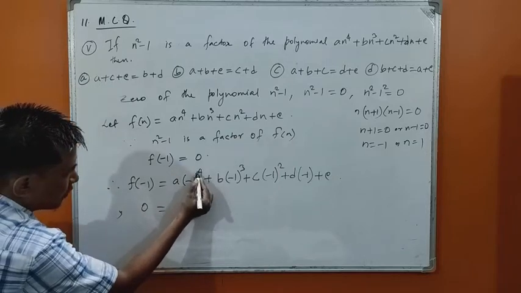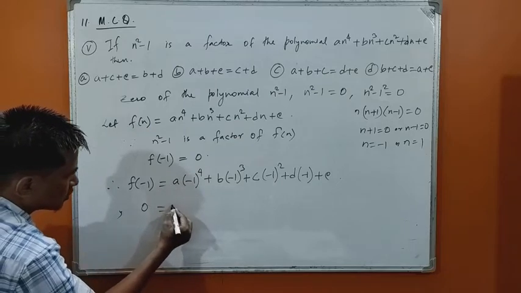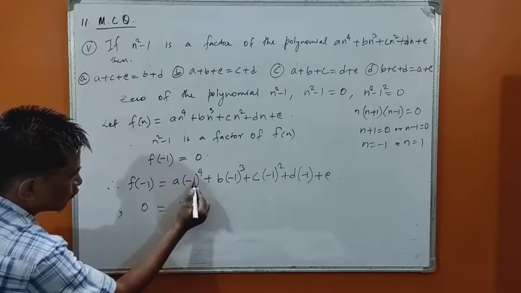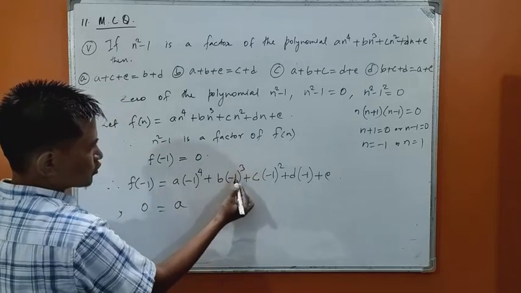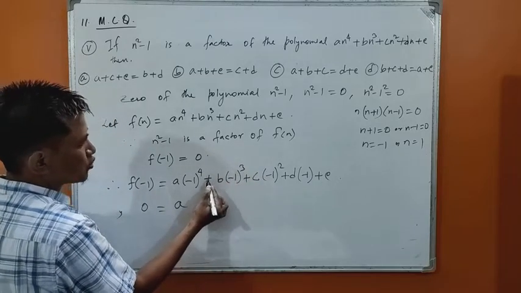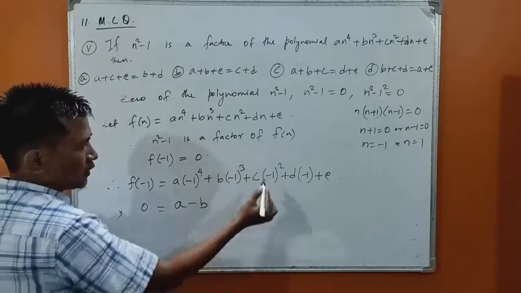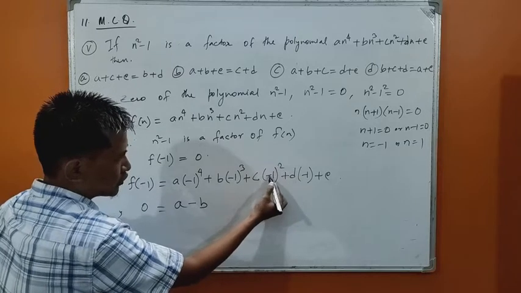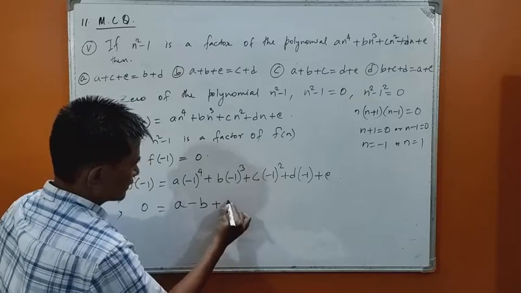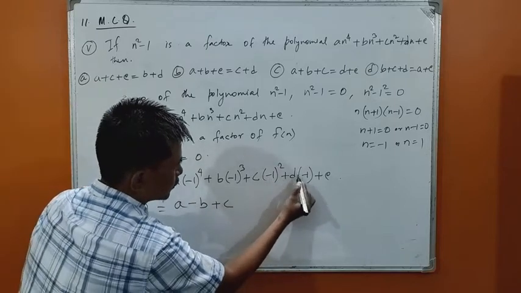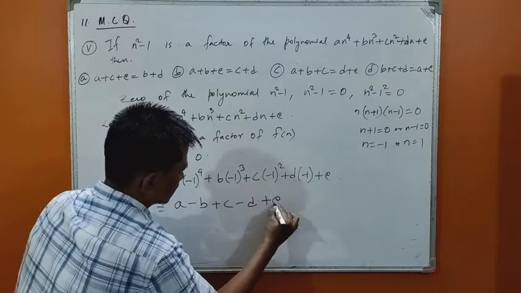Since the power is an even number, the sign will change to plus. So plus into plus is plus, 1 into 4 is 4, 1 into a is a. Now since the power is an odd number, the sign will remain minus. Minus into plus is minus, b into 1 is b, isn't it? Now the power is an even number, so the sign will change to plus. Plus into plus is plus, so c into 1 is c. Now here plus into minus is minus, d into 1 is d, plus e, isn't it?